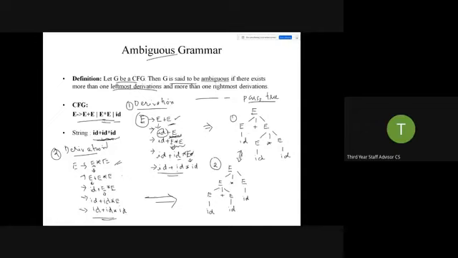So each replacement we made, and the parse tree drawn corresponding to the derivation, this parse tree is different from this parse tree, but both are leftmost derivations. So we can say that if there exists more than one parse tree or more than one leftmost derivation, that grammar is an ambiguous grammar. Is it clear? Yes, ma'am. Any doubt?